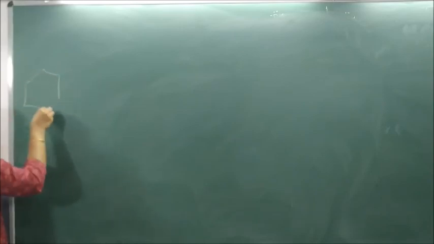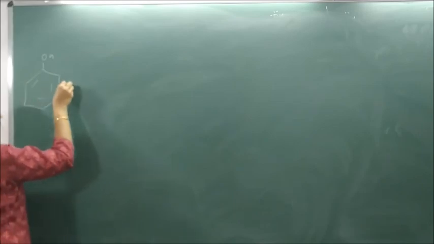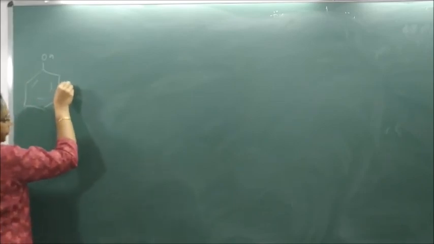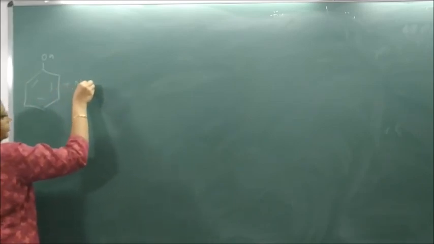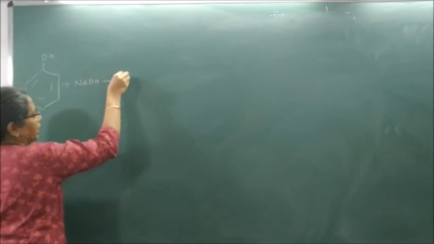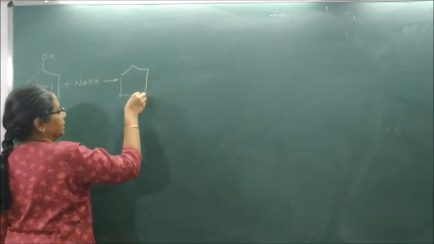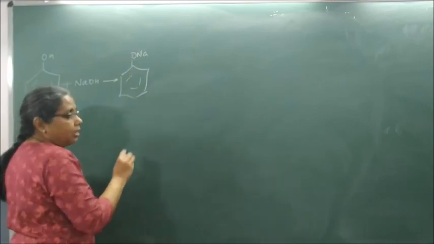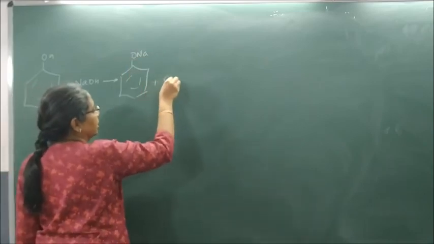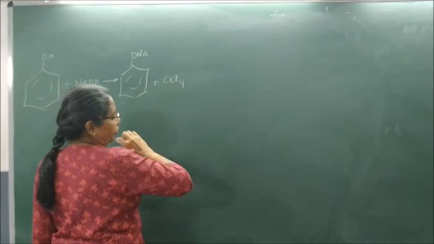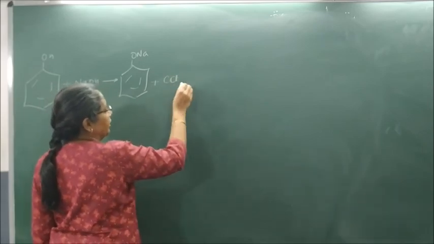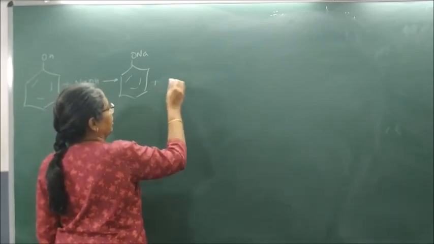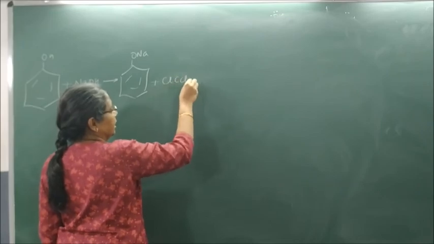So we will start from C6H5OH. This reacts with what first? NaOH. It forms what? C6H5ONa. Correct? Now this reacts with what? CCl4. CCl4 can be written as CCl3.